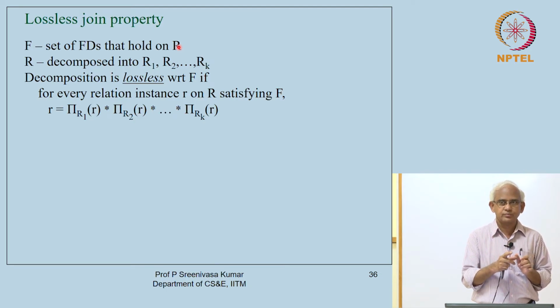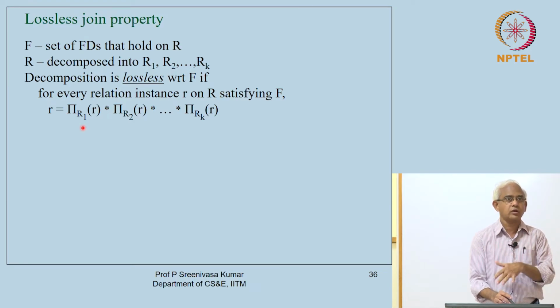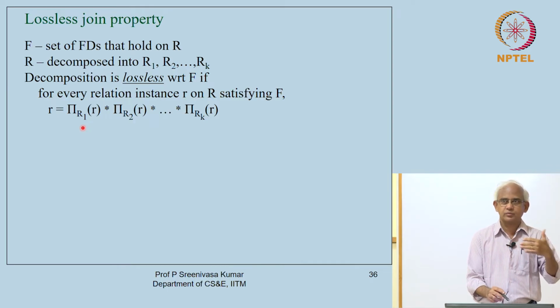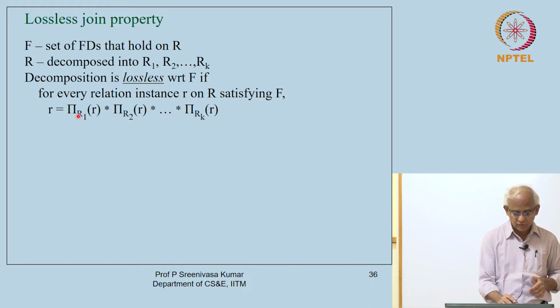You agree with that? You take a tuple in R, project it onto R1, project it onto R2, you get two subtuples. So it is the same tuple that became two different tuples, one on R1, the other on R2. So suppose you do a join on little r1, little r2.